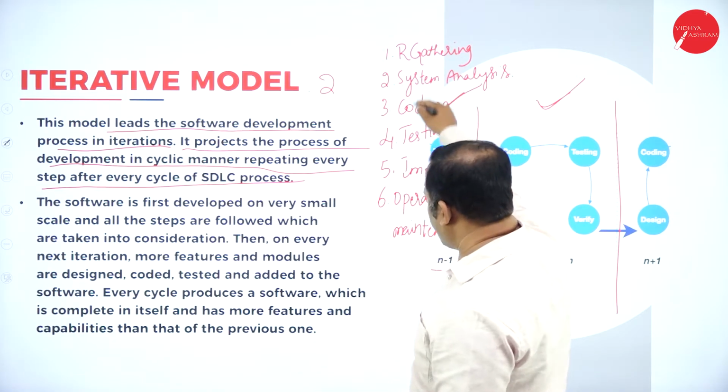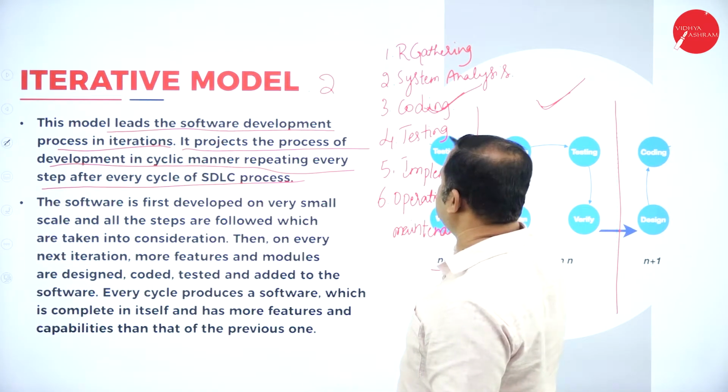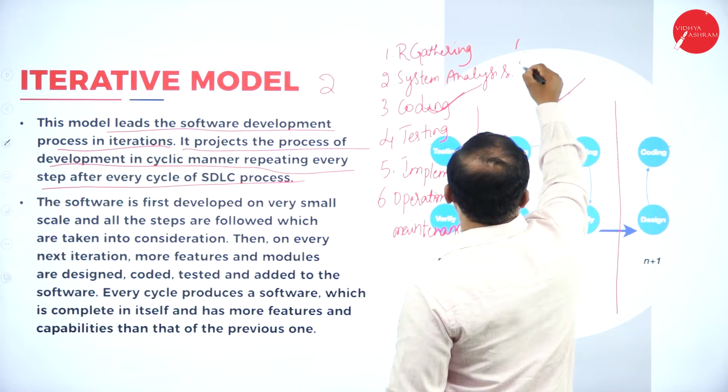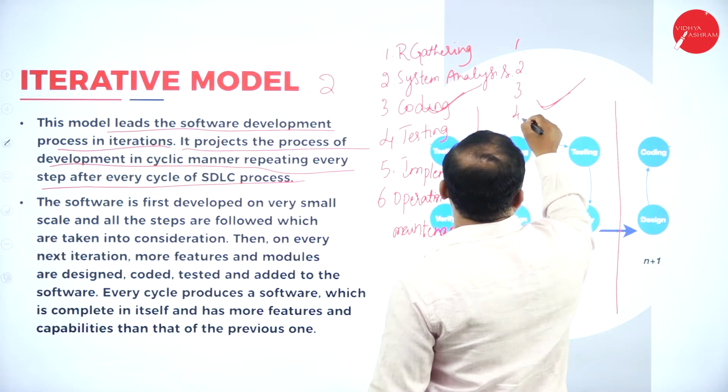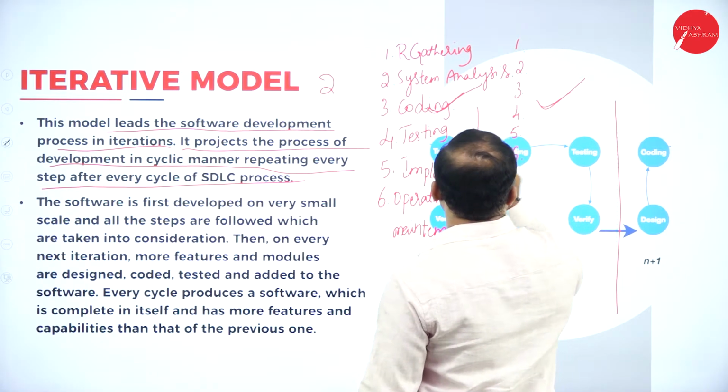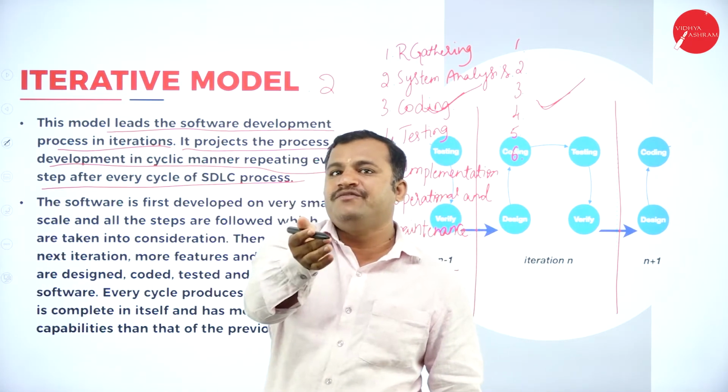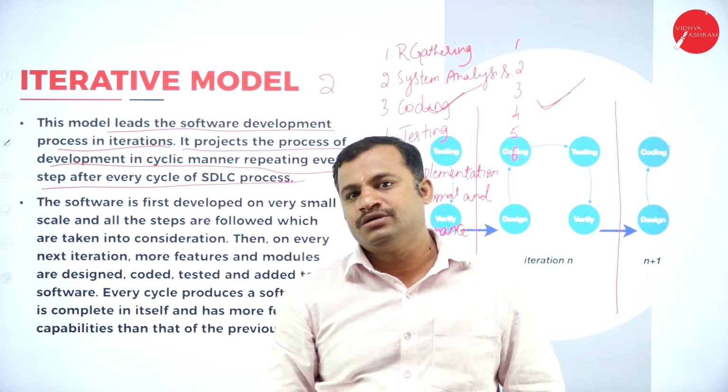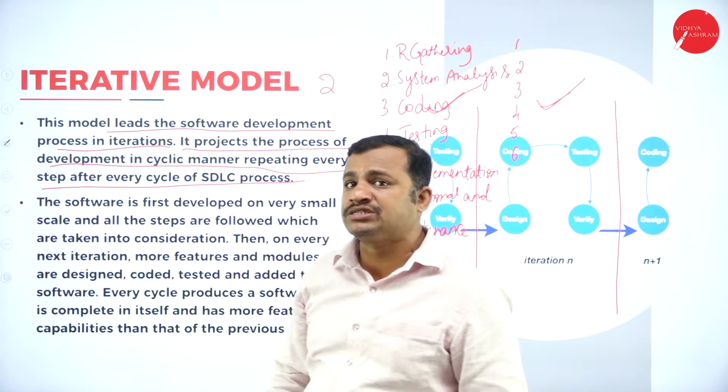So you will come across all these 6 phases in the first iteration and all these 6 phases in the second iteration. So there is no need to worry about going back to the previous phase in the next iteration, which is very advantageous.